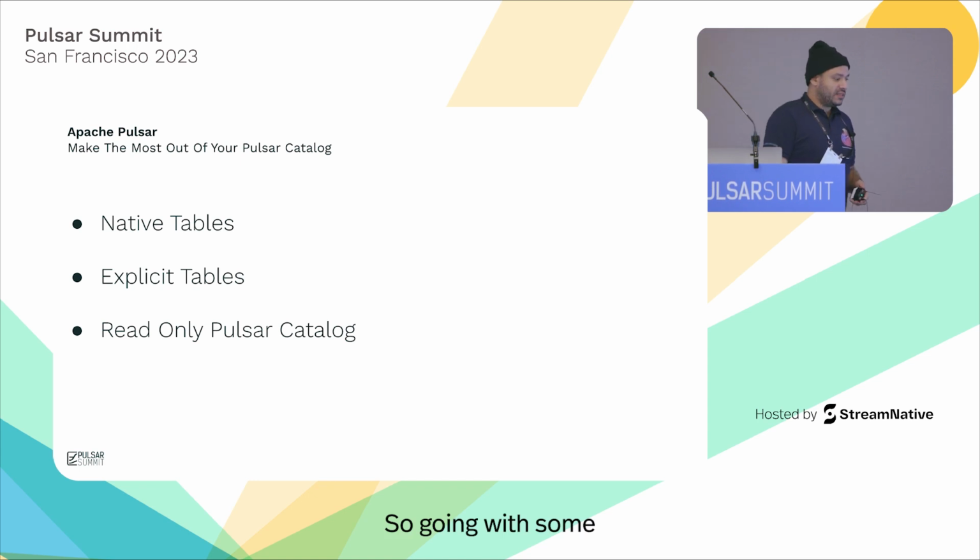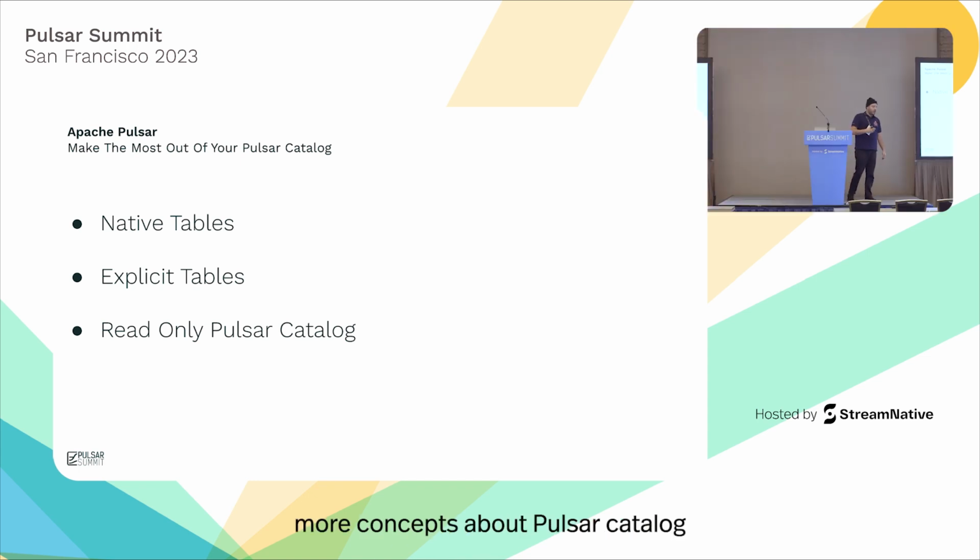So, going with some more concepts about the Pulsar Catalog. As I said, the Pulsar Catalog and the SQL connector for Apache Flink were not yet merged into Apache Flink's connector repository, the Apache Flink Pulsar connector, but they were already available within the StreamNative Flink distribution, and they already have a catalog logic implemented.